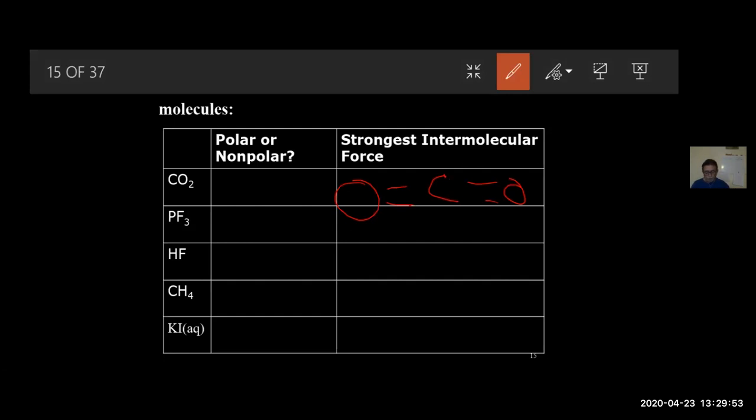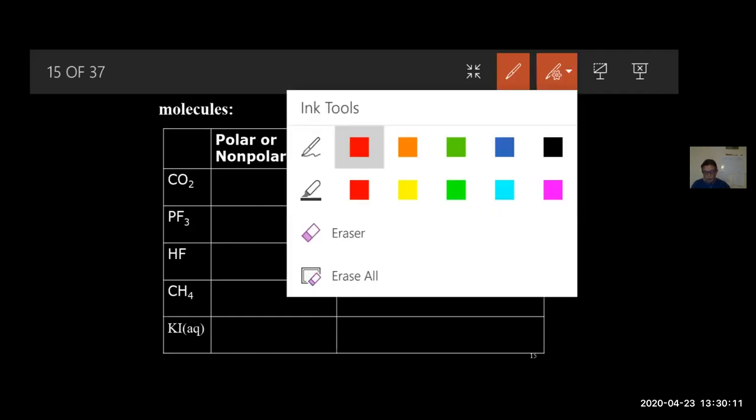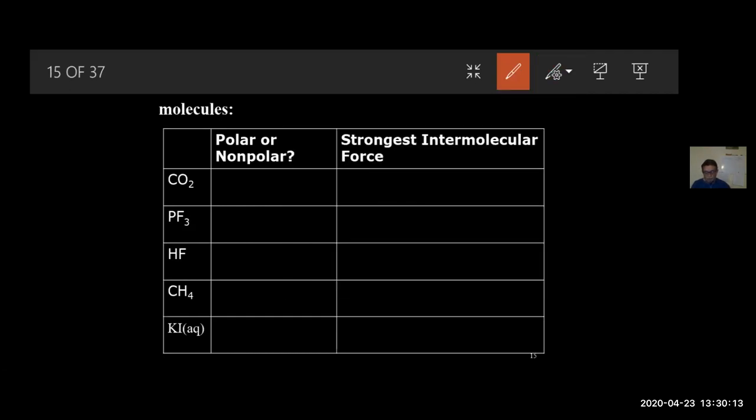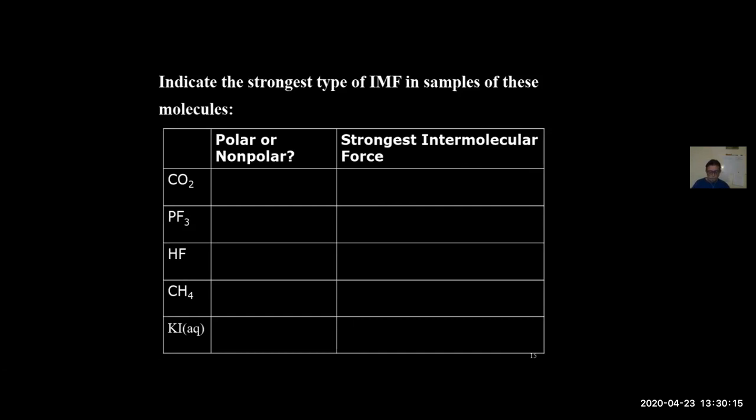And yes, we had a dipole that went from carbon to oxygen, but they went in opposite directions and therefore canceled the dipole of the bond, which made it a nonpolar species. So carbon dioxide is nonpolar, and then automatically, since it's nonpolar, the only force you deal with is the London forces.